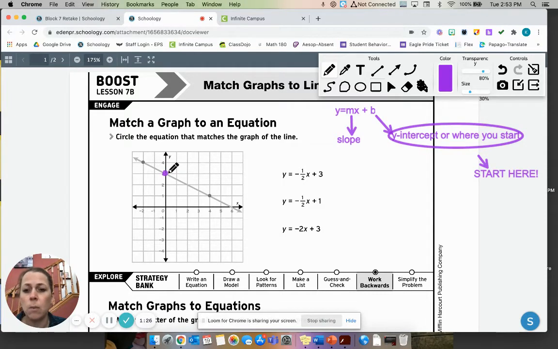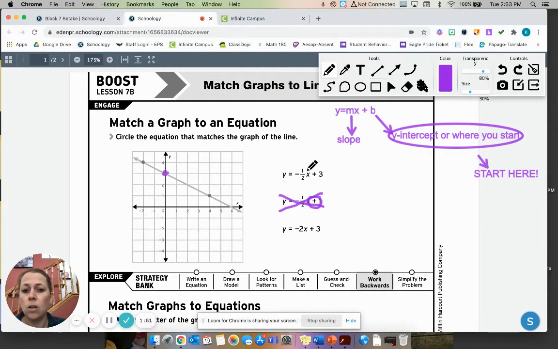It is going to be 1, 2, 3. My number is 3 in that B location. That means automatically that this equation is out because at the end they have plus 1. We want plus 3. So those two equations are still in the running.